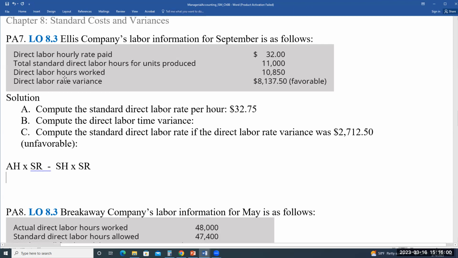So actual hours is 10,850. Standard rate is the 32.75. Standard hours is 11,000. Should come out the same.